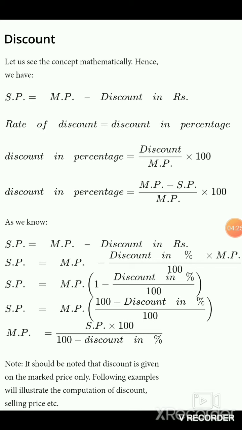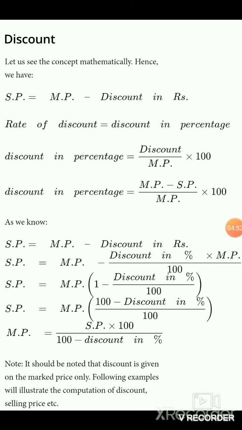And if you want to calculate MP and SP is given to you, then MP is equal to SP into 100 divided by (100 minus discount percentage). You can learn this formula as you learned in SP and CP. In place of CP, you put MP. That is the only difference.